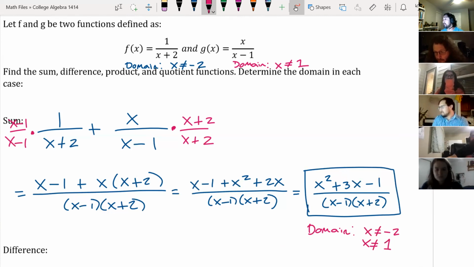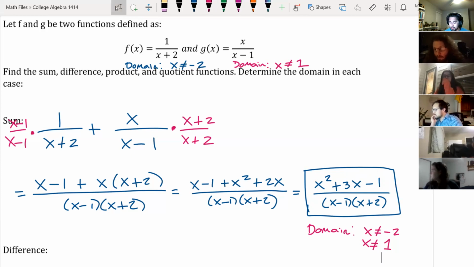And I guess you could ask yourself if you could keep simplifying, but can you factor the numerator? Are there any factors of 1 that can make 3? No. Thank goodness, right? Which means we move on.